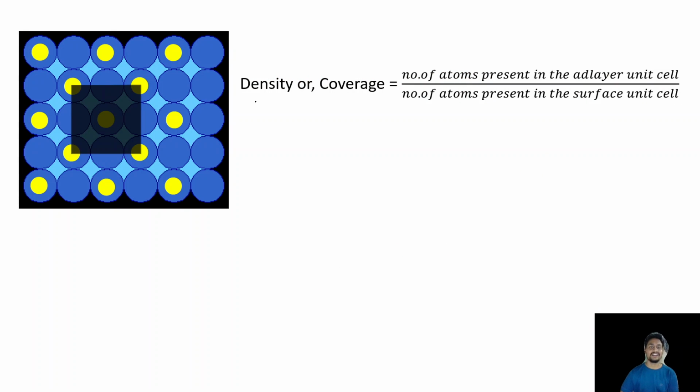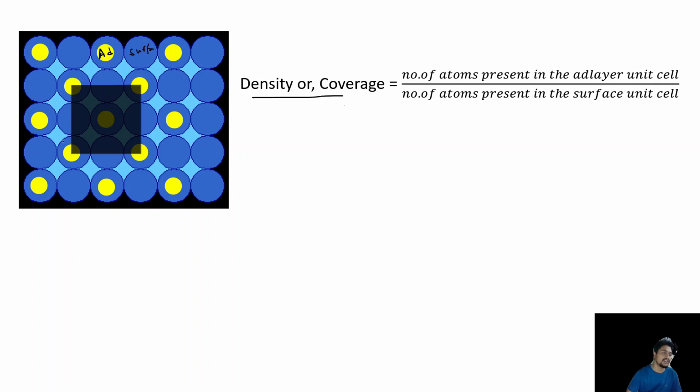And then the density or coverage of the surface. Depending upon the density or coverage of the surface, one can tell about the reactivity of the surface. So let's say these yellow atoms are the add atoms, and these blue ones are the surface atoms. So what is the density? It is the number of atoms present in the add layer divided by the number of atoms present in the surface.